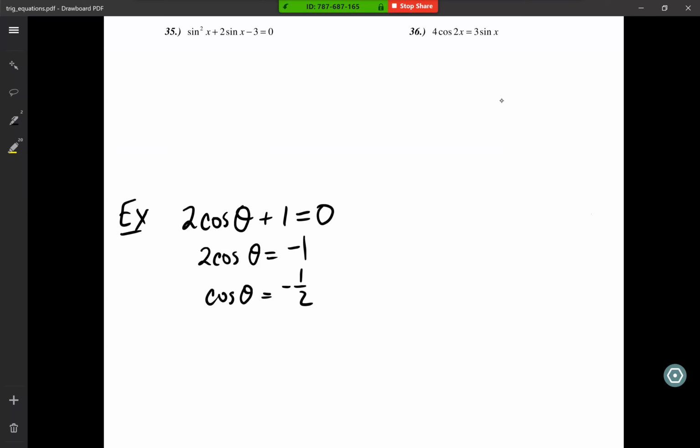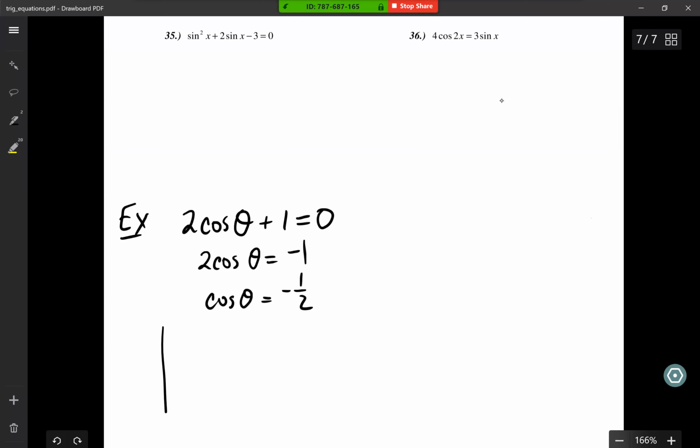So since it's negative and we're looking at cosine, what quadrants are we looking in? Two and three, right? Over here. We're looking over here. And over here.